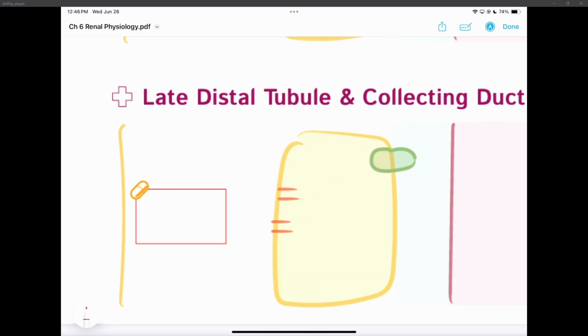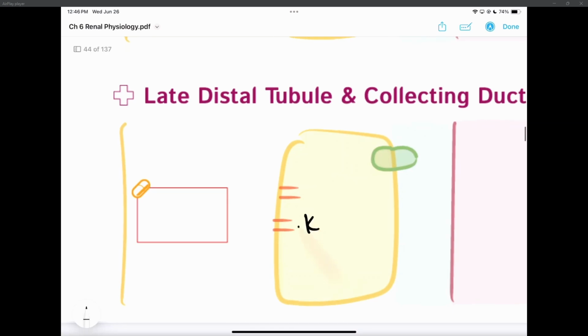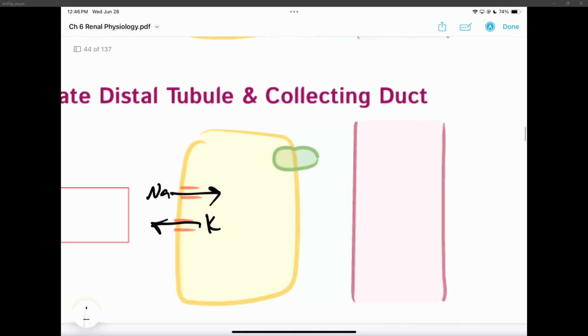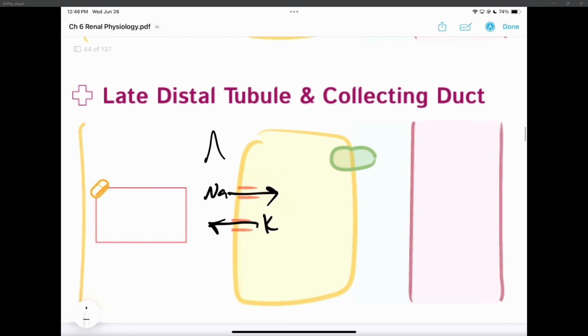So on this end, we have simple diffusion with potassium and sodium wanting to move. However, this is under the control of aldosterone. Okay? So aldosterone is a hormone that has the effect here.